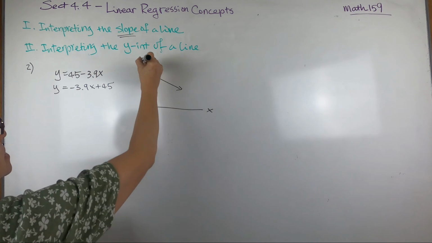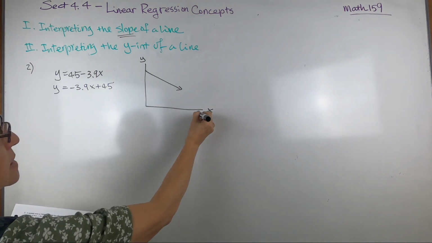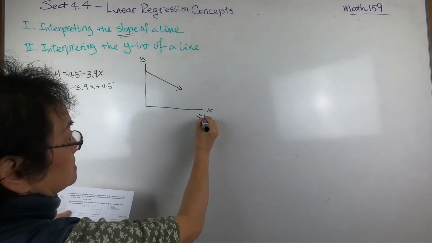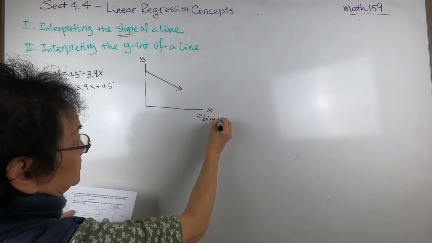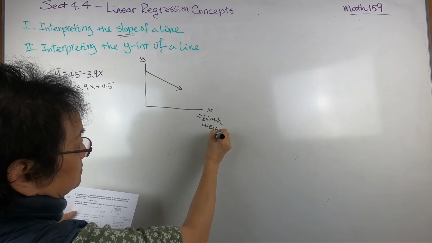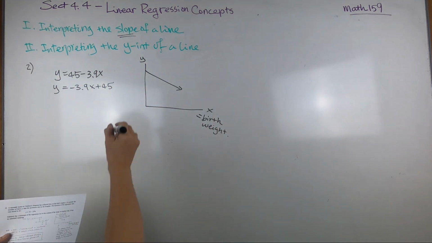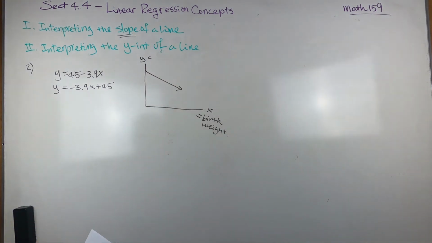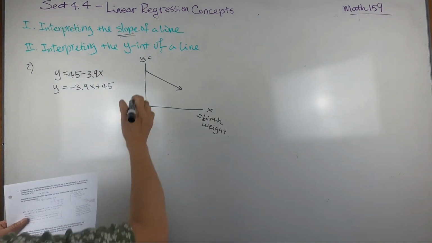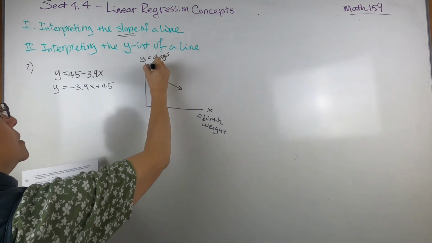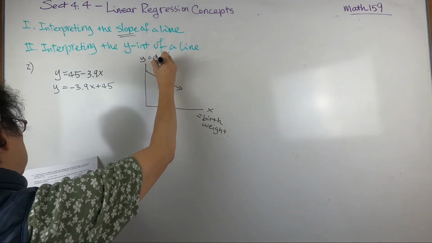So what is x, what is y? It says x is the birth weight for the newborn, right? The y is what? It will tell you in the question. It's the days the newborn stays in the hospital.